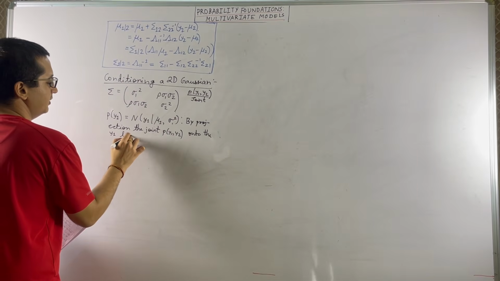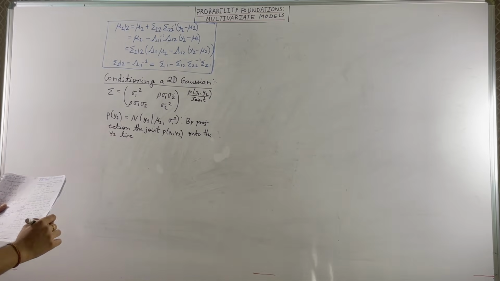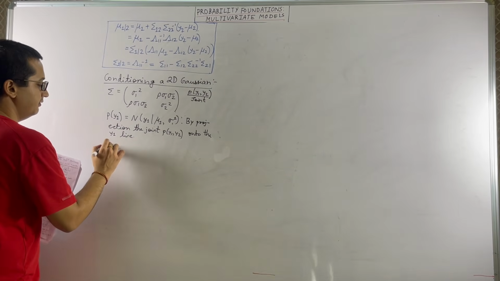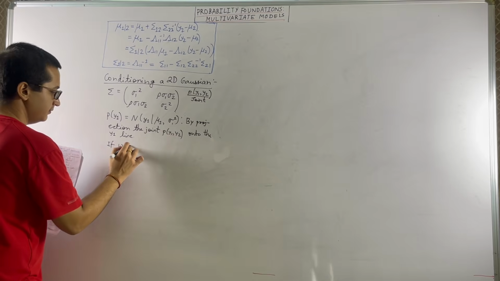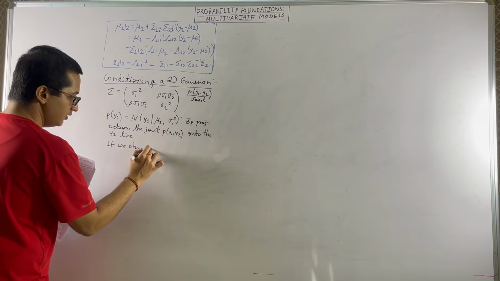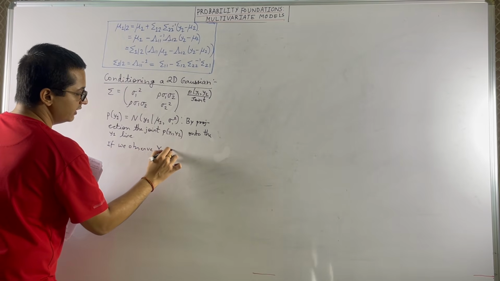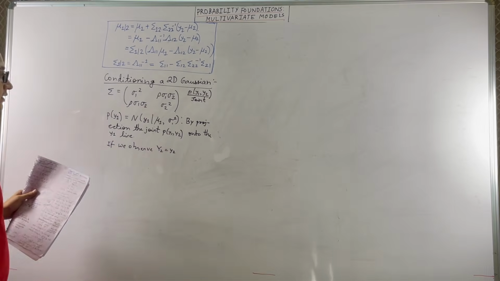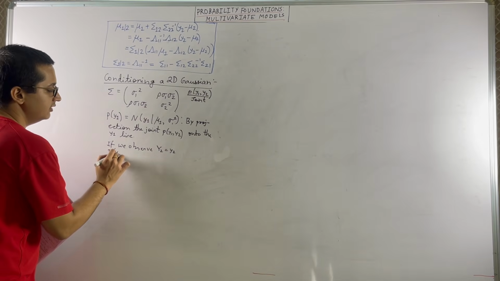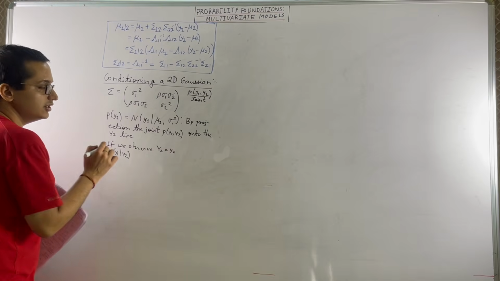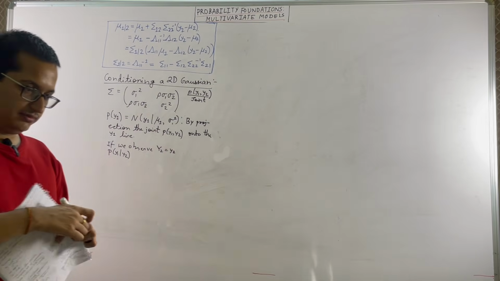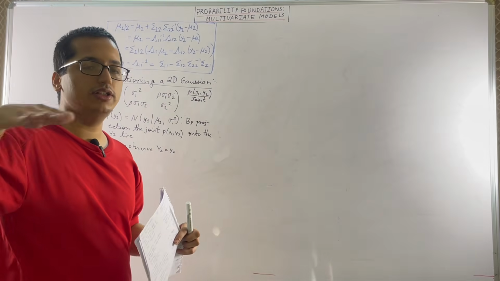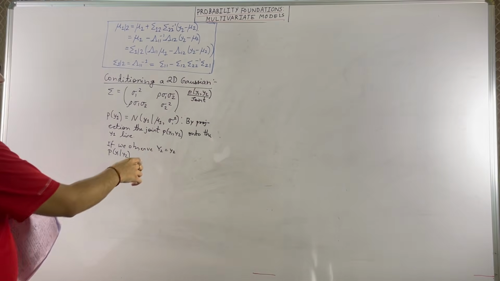So just interpretation, nothing more. And let's say if we observe capital Y2 equals small y2, then what does this mean? Here this conditional means I slice my joint through the Y2 equal to small y2 line.